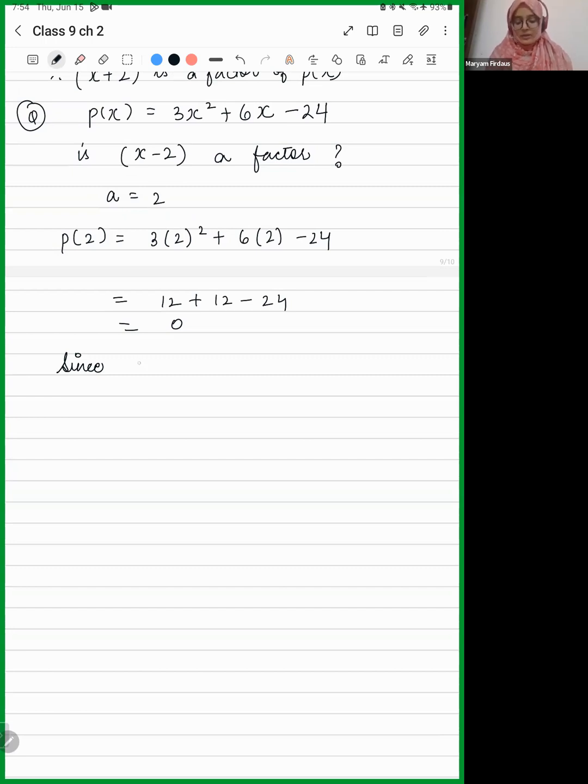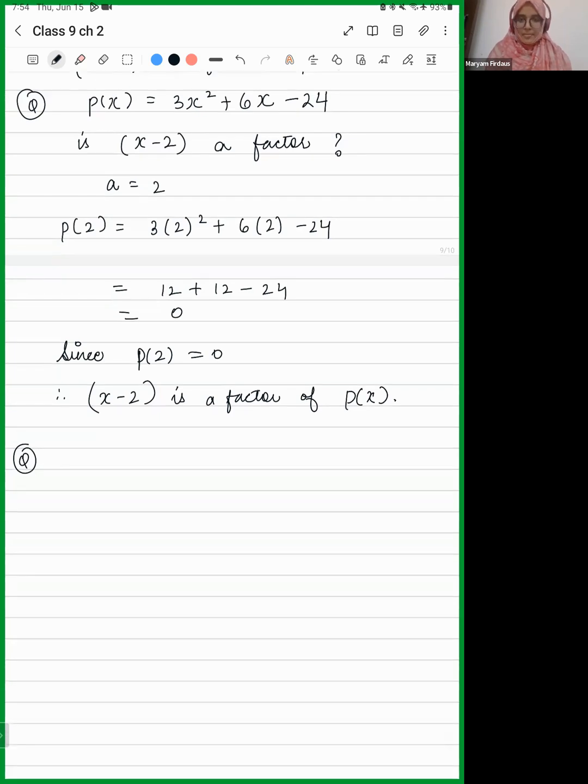Since P of 2 is 0, therefore x minus 2 is a factor of P(x). Done? Yes, ma'am.